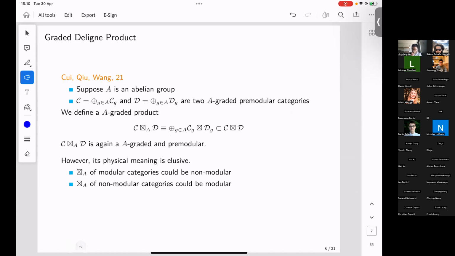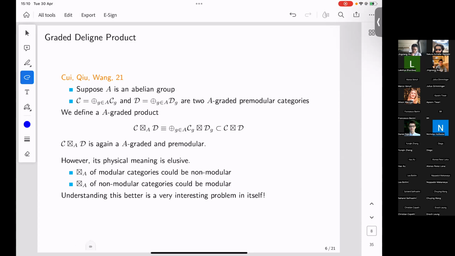However, this operation is very mysterious, because one way to see this is that it does not preserve modularity. It could send modular categories to non-modular categories, and it could turn non-modular categories into modular categories.